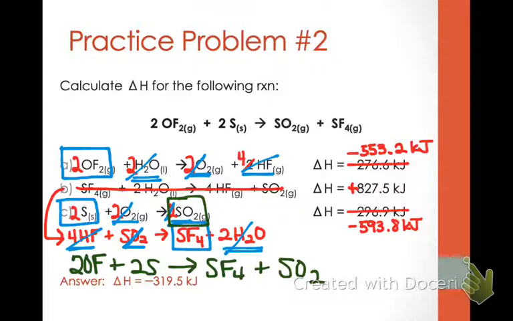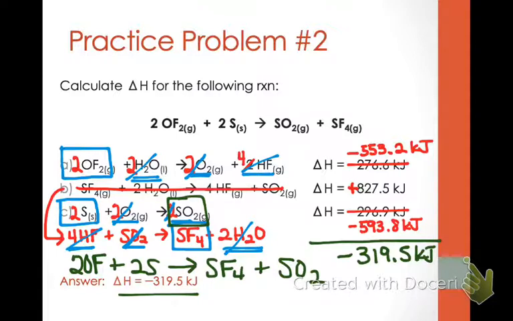So I did everything correctly, and all I need to do now is add my delta H's together, and when I do that, I get negative 319.5 kilojoules, which is the same answer I had over here. Okay, so that is practice problem 2. So hopefully that makes sense to you.